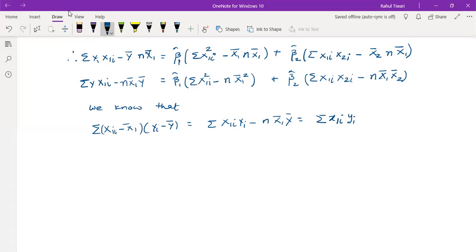And similarly summation x1i minus x1 bar is equal to summation x1i square minus n x1 bar square, which is equal to summation x1i square.